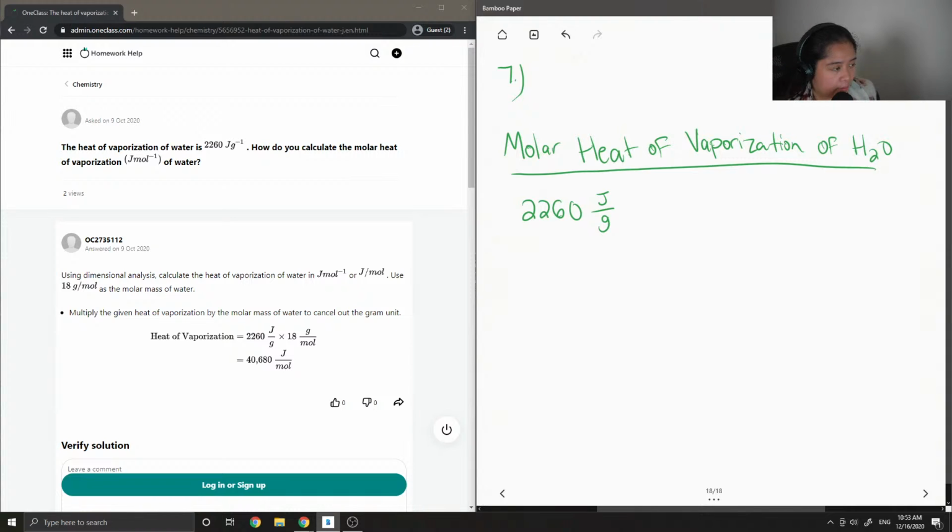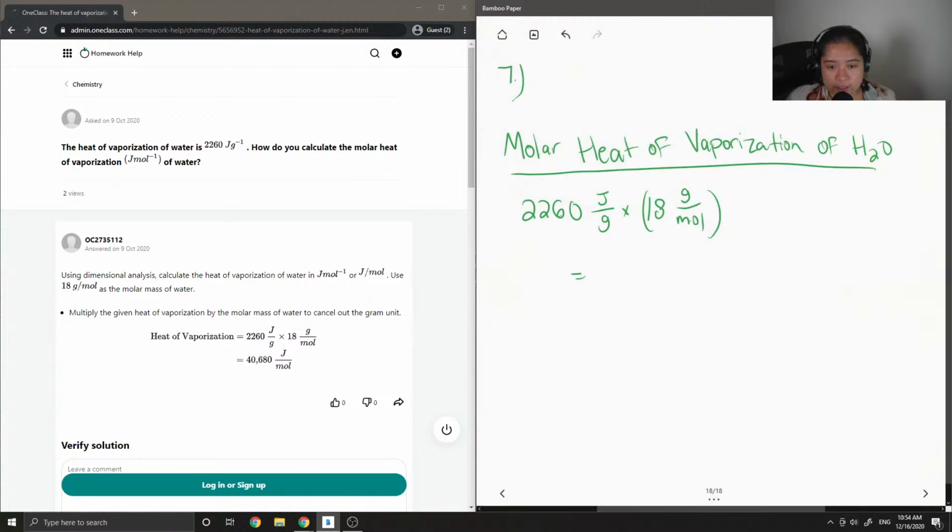The heat of vaporization is 2,260 joules per gram. To calculate the molar heat of vaporization, for 1 mole of water, we need to multiply by the molar mass of water, and we do that to cancel out the grams and get our answer in joules per mole.